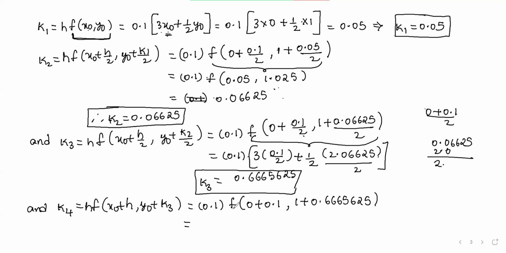This is like f of x naught comma y naught, so substituting this value and multiplying by 0.1, K4 is equal to 0.08333 and so on. So this is the K4 value.